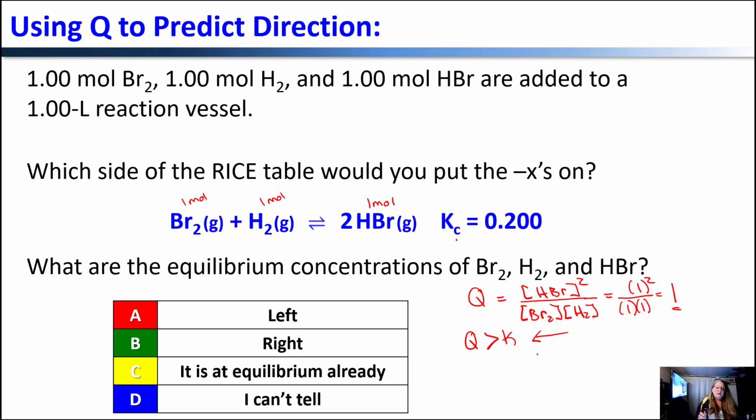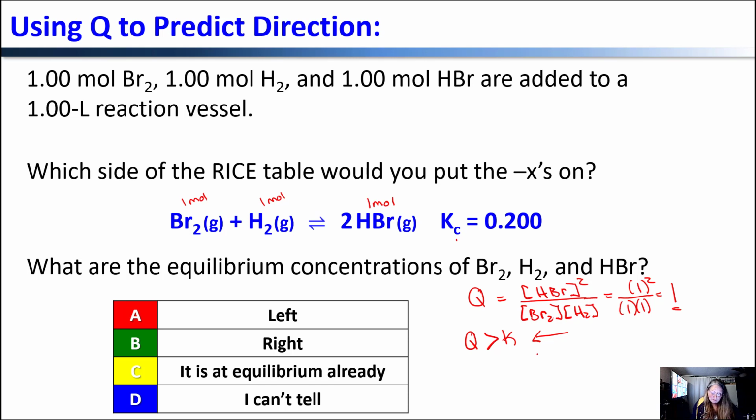So if my reaction is going to the left rather than to the right, where am I going to put my minus X? On the right. Whichever direction your equation is going, the side the arrow is pointing away from is the side that's decreasing.